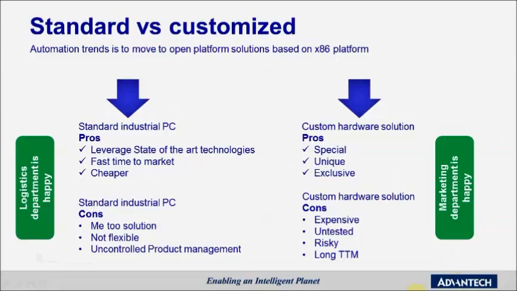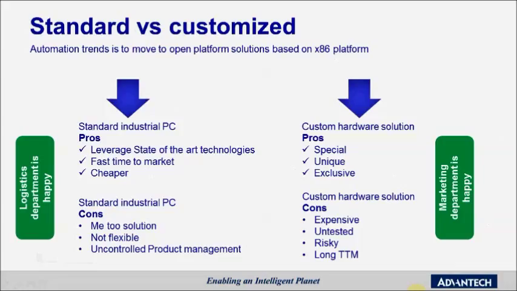Here we have the analysis of the standard versus customized version. In today's automation world, it is more and more common to have open platform solutions based on the x86 platform. But let's see in detail. With a standard industrial PC, we can leverage state-of-the-art technology.